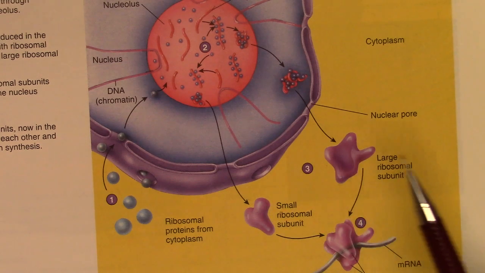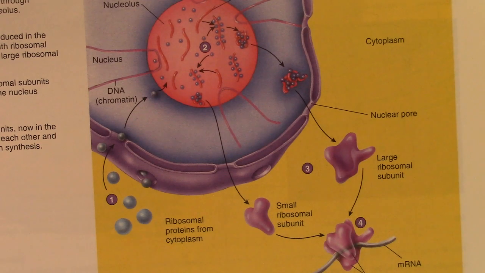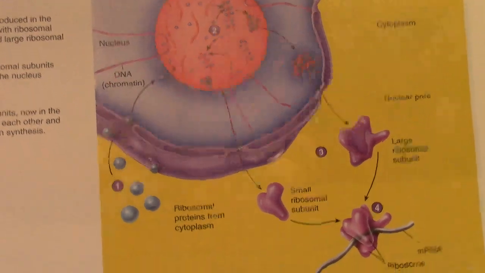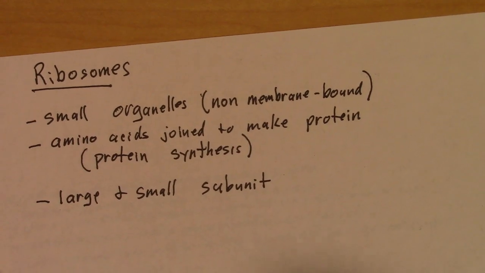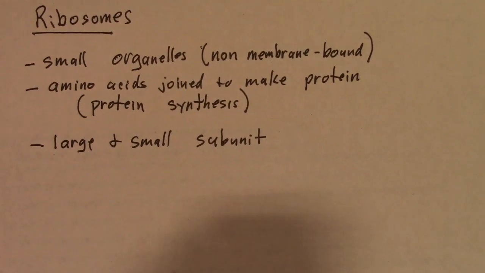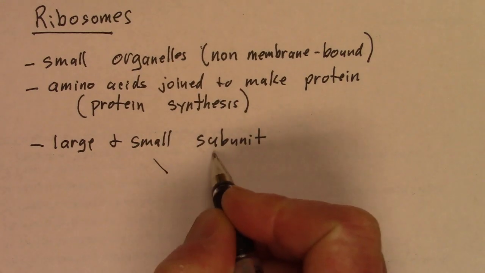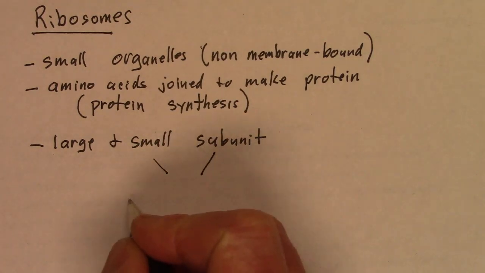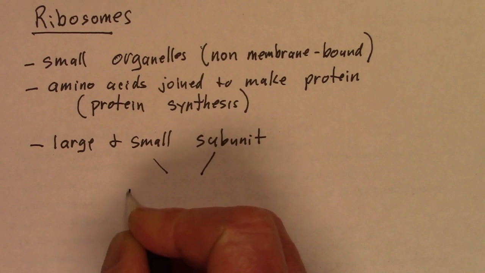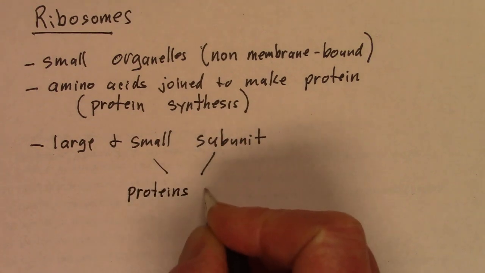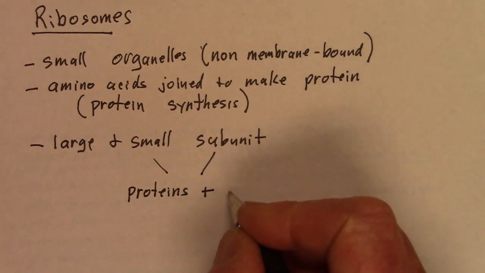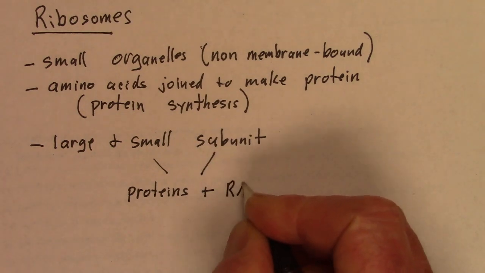Okay, I'm going to get rid of the picture and go back to our notes. So each of these subunits are made up of proteins plus RNA.